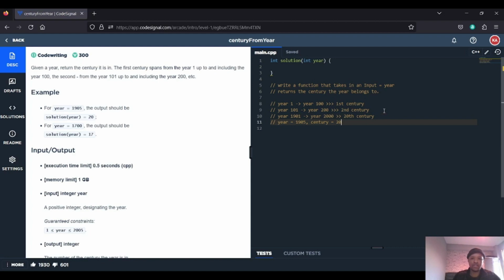If you look carefully, when we have the year, if we divide the year by 100, because century is in the category from year 1 to year 100, so it's like the difference between year 100 and year 1 is 99 years in between.